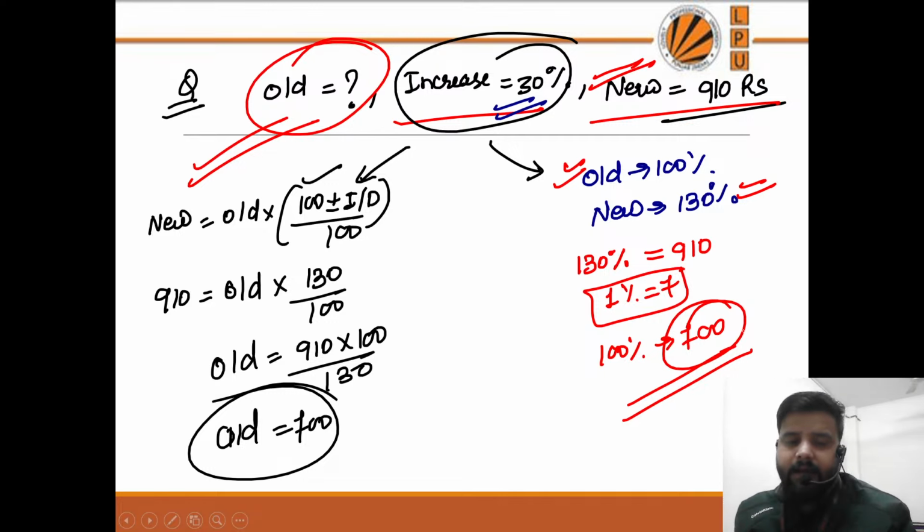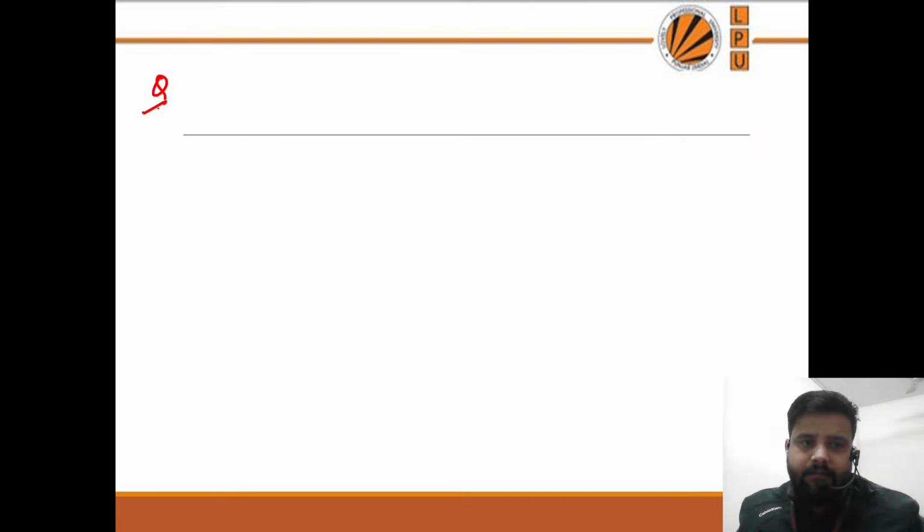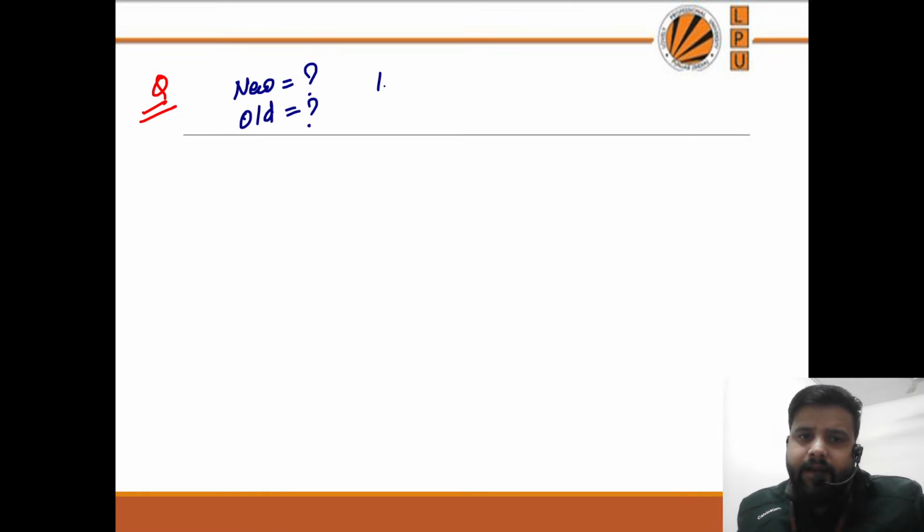All right, let's move to the next one. Answer this question. The new value is missing, the old value is missing. You are given the increase percent, which is 40%, and you are given the increase, which is 800 rupees.